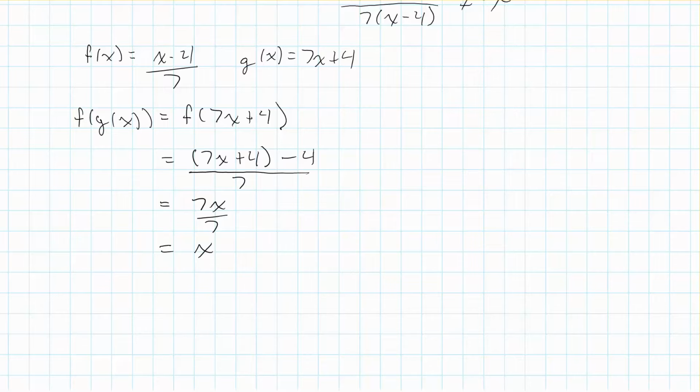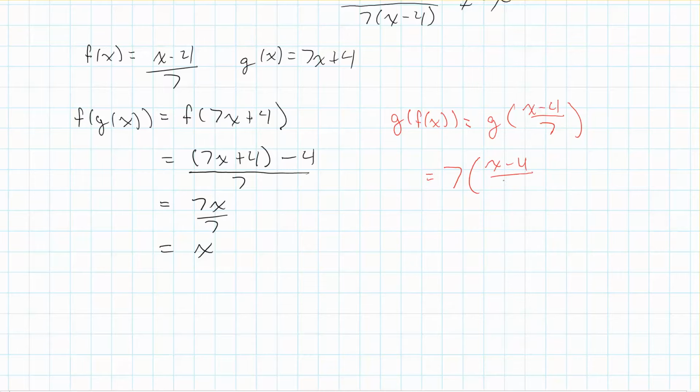That's not enough. We do have to do the other one. It's part of the definition. g of f of x here would be g of x minus 4 over 7. So this would be 7 times x minus 4 over 7, plus 4.